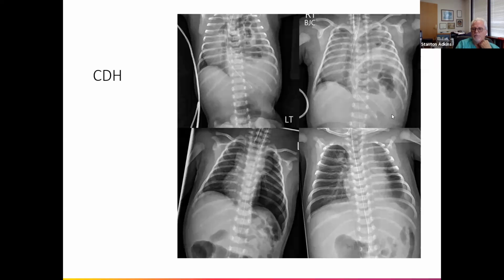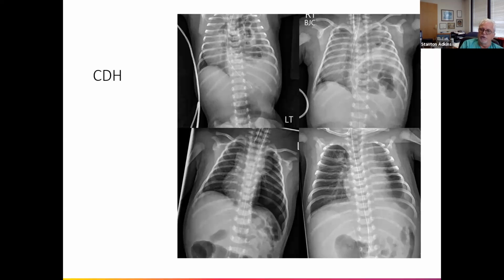Depending on how big the defect is, you may have worse problems, and the problems you have that are lung related are pulmonary hypoplasia and pulmonary hypertension. Pulmonary hypoplasia is a problem because not only is the ipsilateral lung small, but the contralateral good lung is small too. And if it's all too small, then you may not have enough lung to support life.